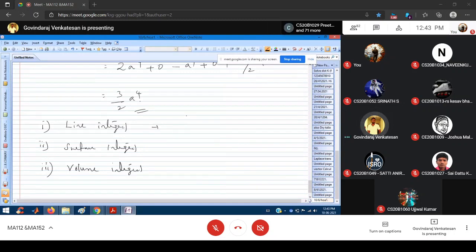The line integral is the integral over C of f vector dot dr, that's the curve. The surface integral is a double integral over S of f vector dot n vector into ds. And the volume integral is the integral over V of f vector into dV. That's all.